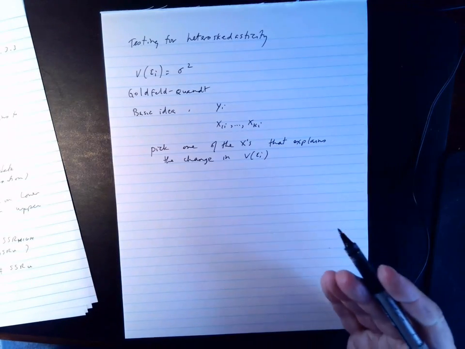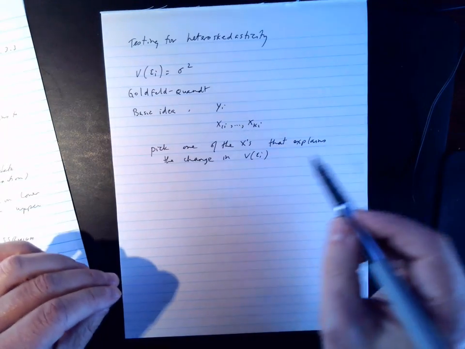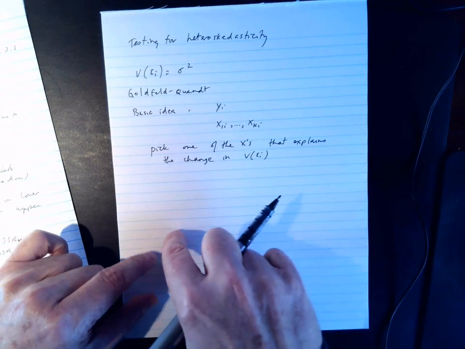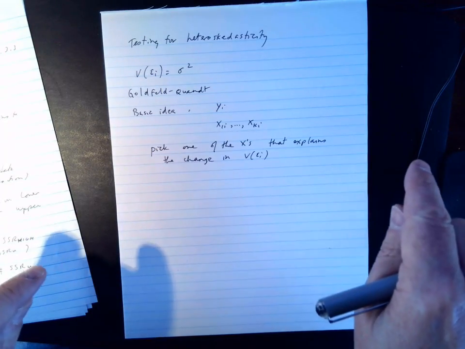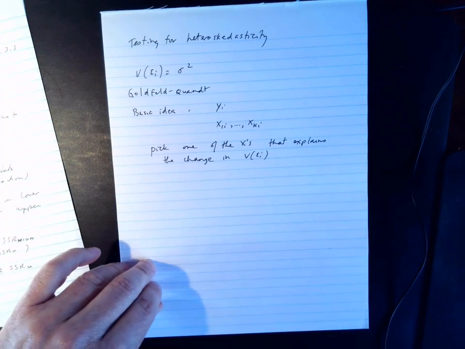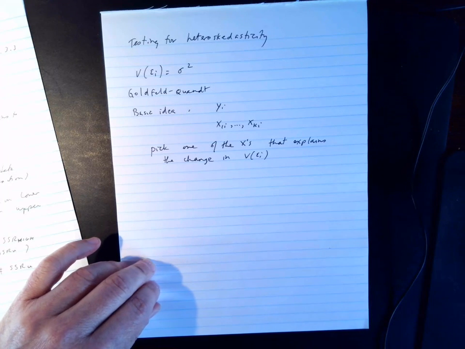By that, what I mean is you think the variance of the error terms changes at least in one direction in your sample, and so you want to pick the x variable that looks like it's responsible.